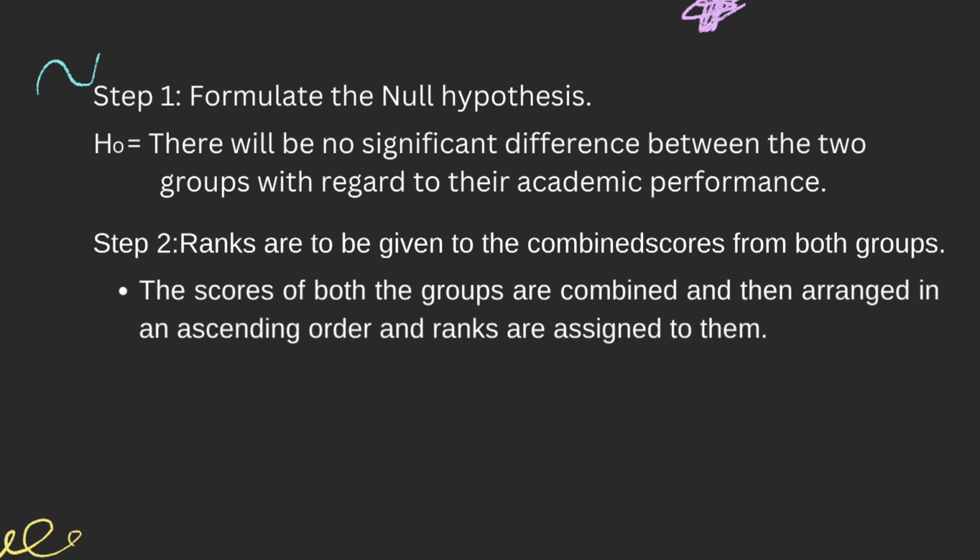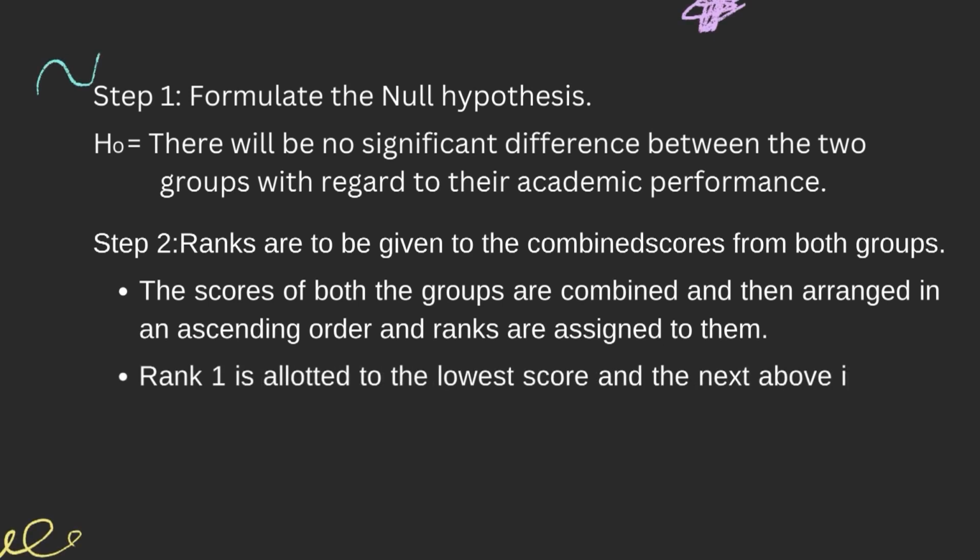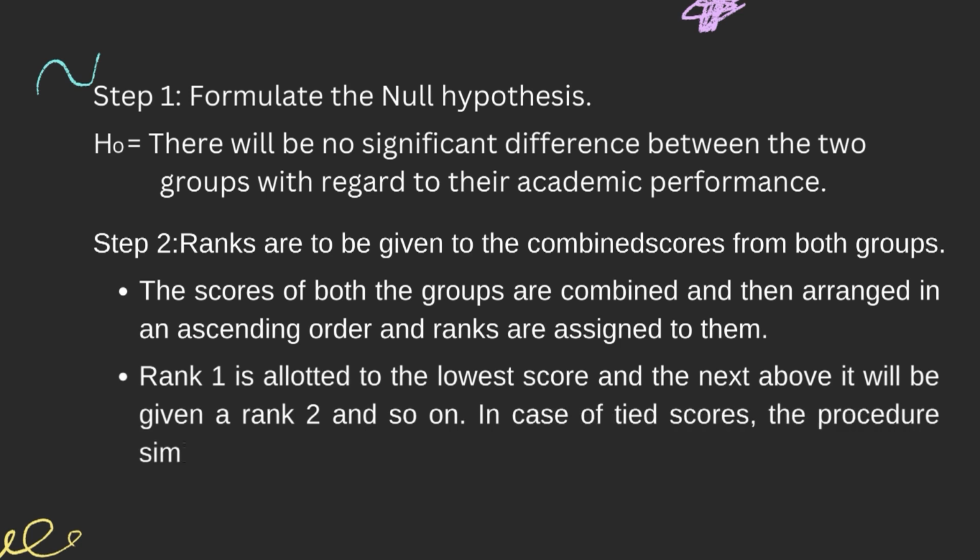Rank 1 is allotted to the lowest score, the next above it is given rank 2, and so on. In case of tied scores, the procedure similar to the one used in Spearman's rho is used.